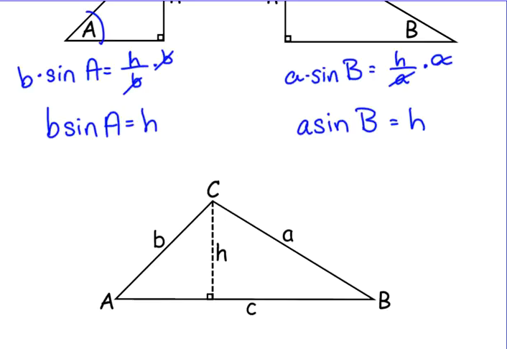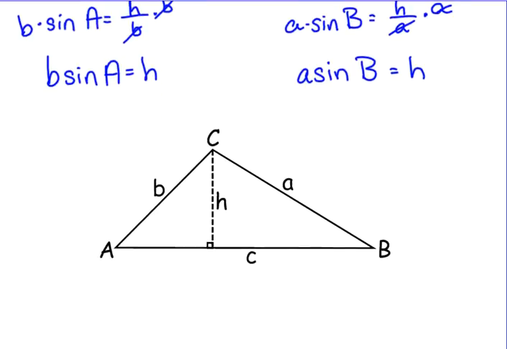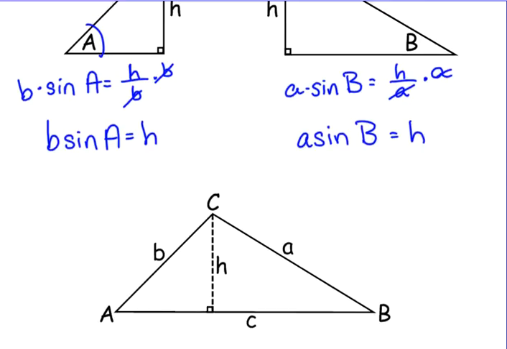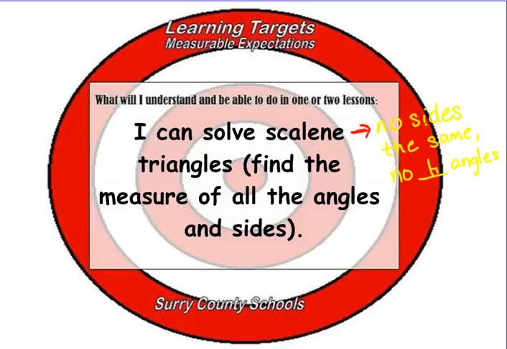So up until now, the only thing that we've been allowed to apply trig to are right triangles. What we're going to look at today and over the next couple of days is how to solve scalene triangles.